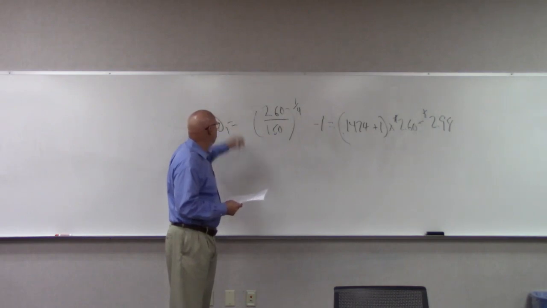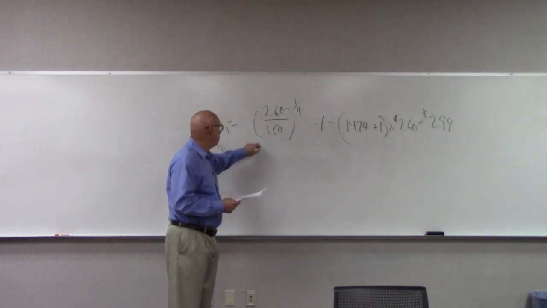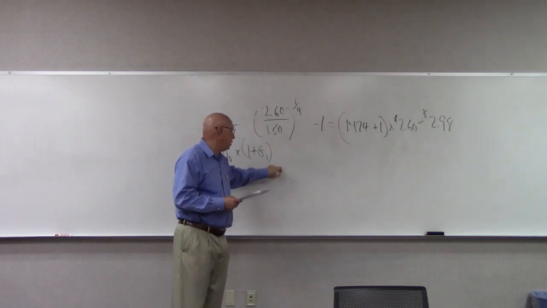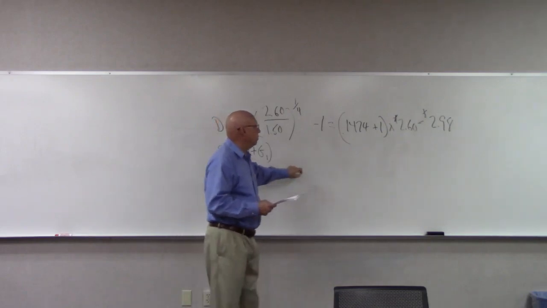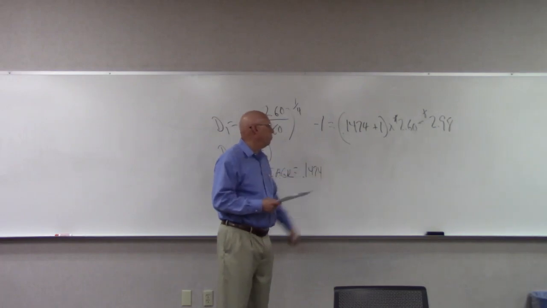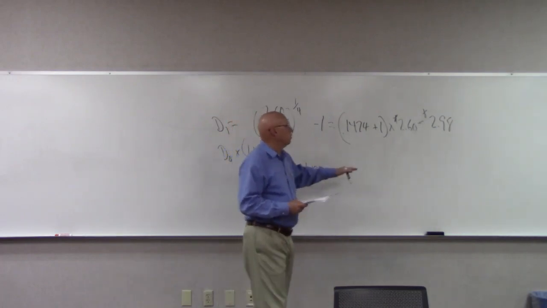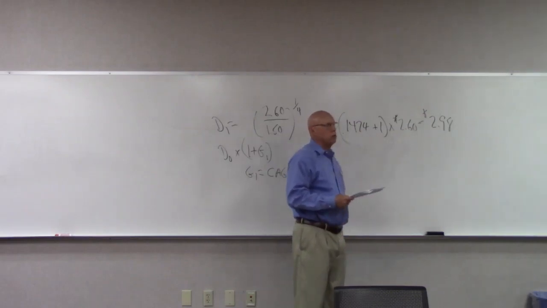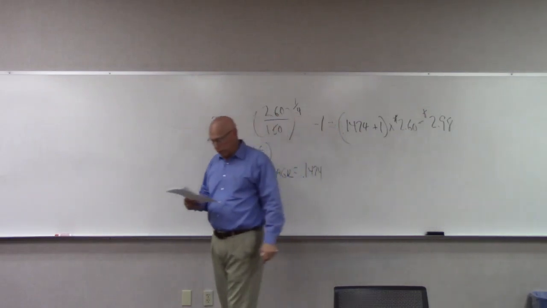D1 equals D0 times 1 plus G. G equals CAGR, in this case 0.1474. So last year's dividend times 1 plus the growth rate. And the growth rate's CAGR.